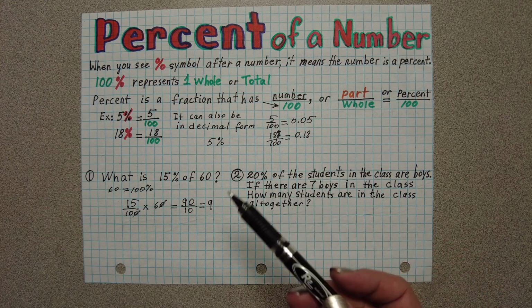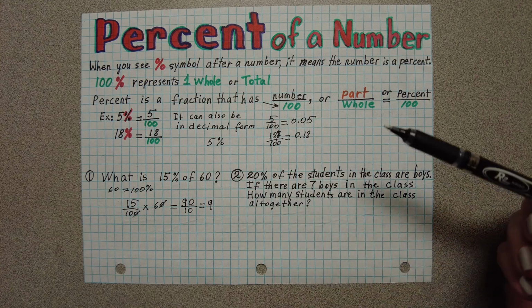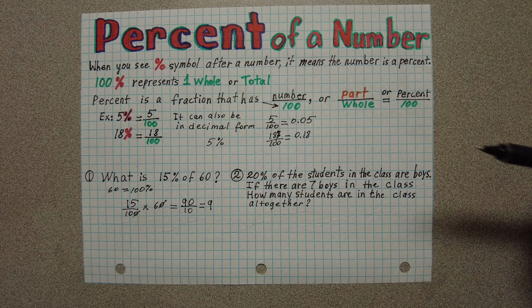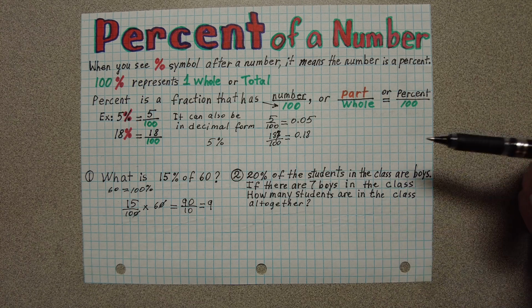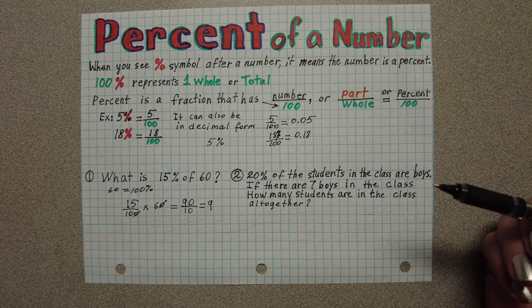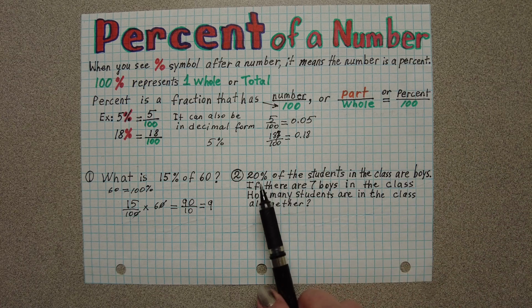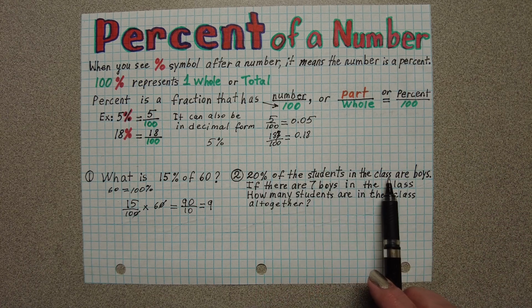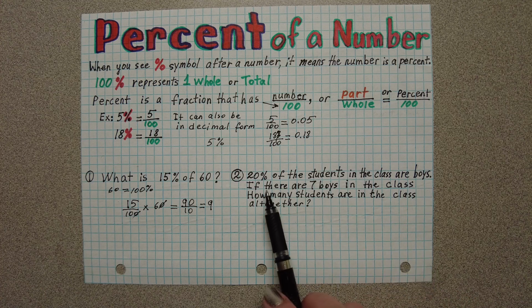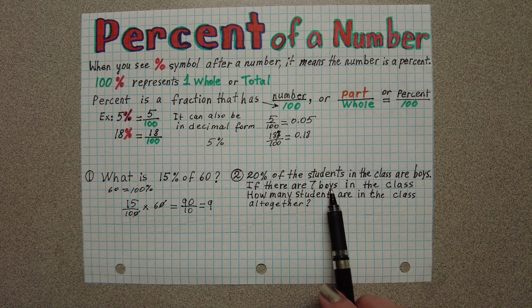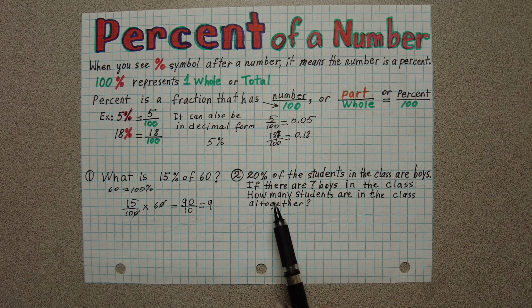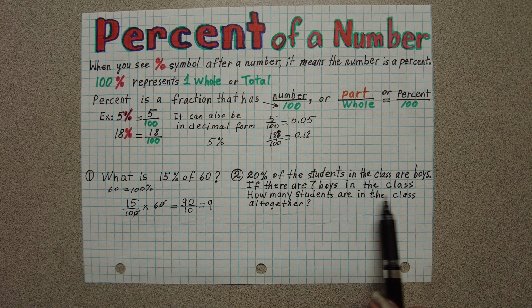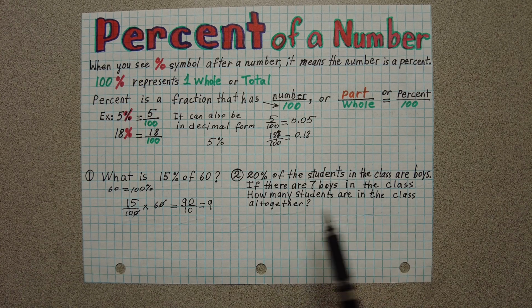Let's do another problem that asks in a different way. We need to find the total amount, the whole amount. It says 20% of the students in the class are boys. If there are 7 boys in the class, how many students are in the class altogether?